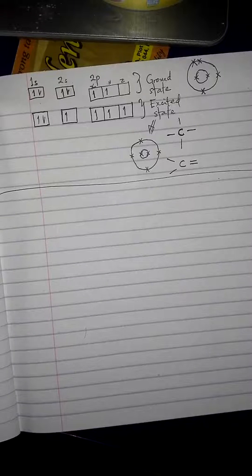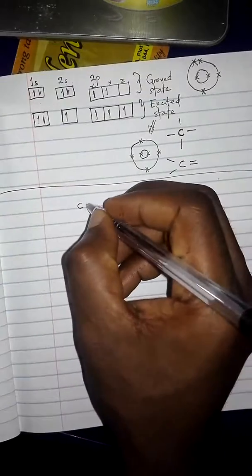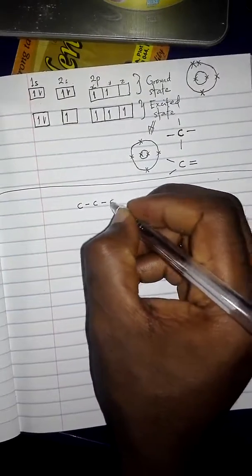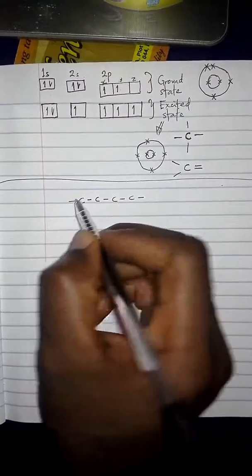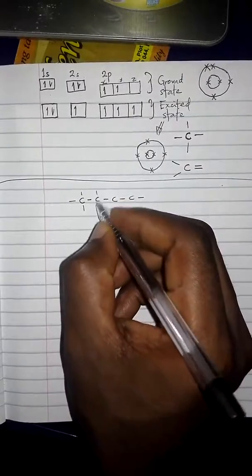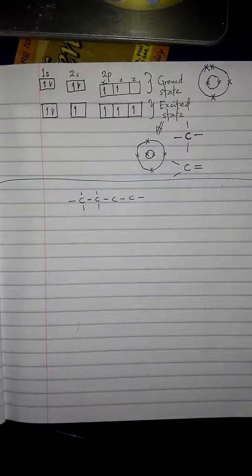It is worthy of note that carbon is the only element that demonstrates this property. So you can have something like this: carbon, carbon, carbon, carbon, carbon. Of course, to complete the whole thing, you're going to have this. So it can form a very, very long chain with itself.